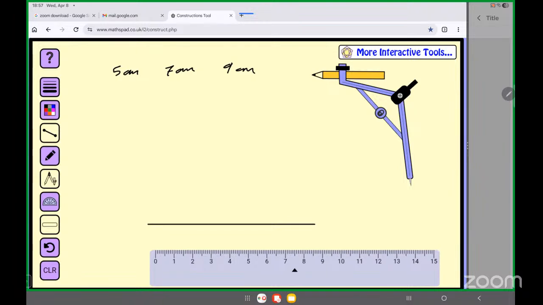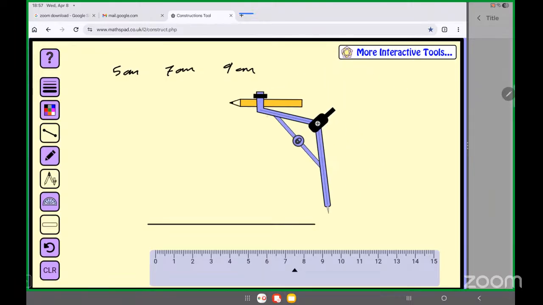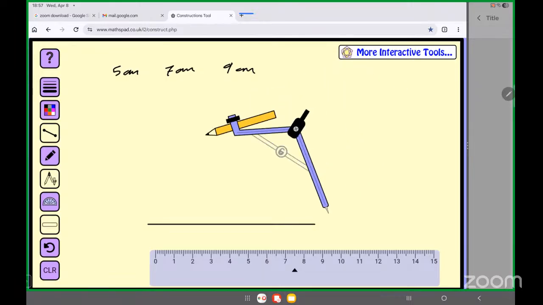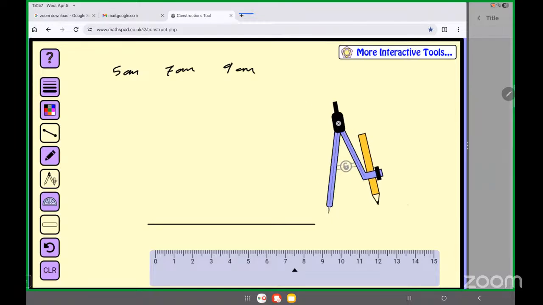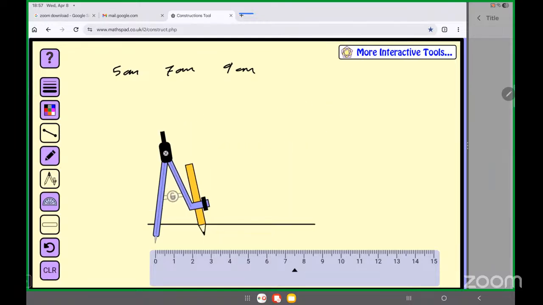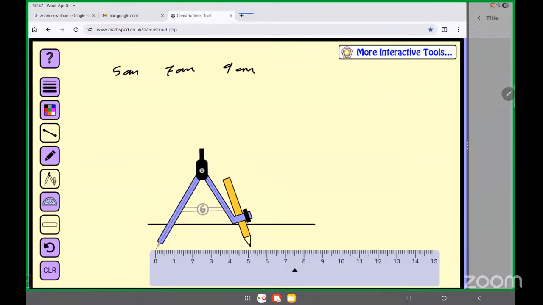I'm not going to throw away the ruler because I need to measure a radius of 5 centimeters and a radius of 7 centimeters. You bring back the compass to the 0 end, and you measure and open up to 5.